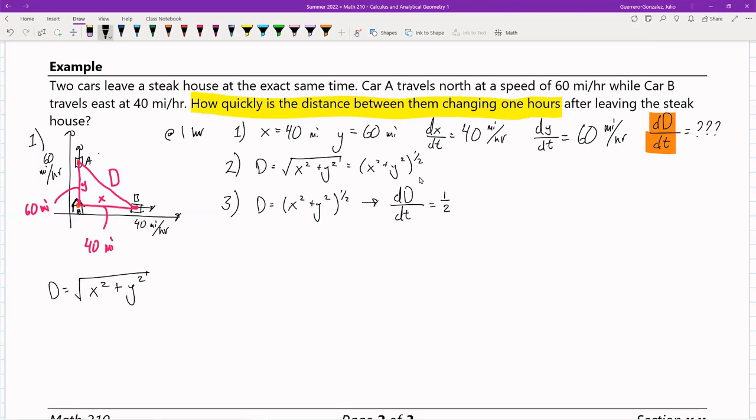That's going to be 1/2 (x squared plus y squared) to the negative 1/2. And now comes the derivative of the inside. So it's going to be 2x dx/dt plus 2y dy/dt. Here is our derivative. Go ahead and highlight it in blue.